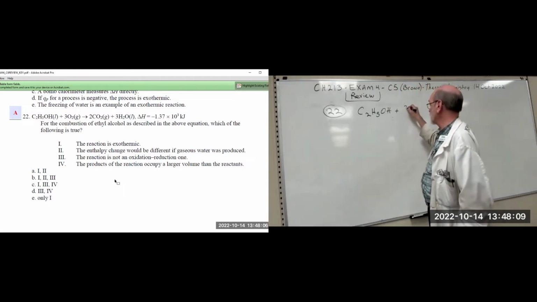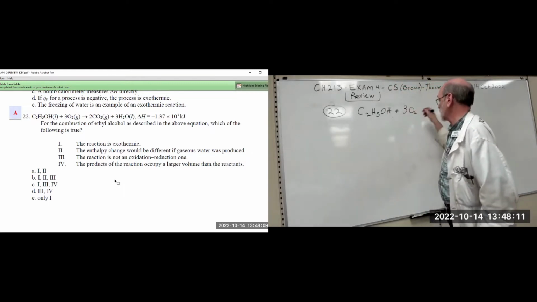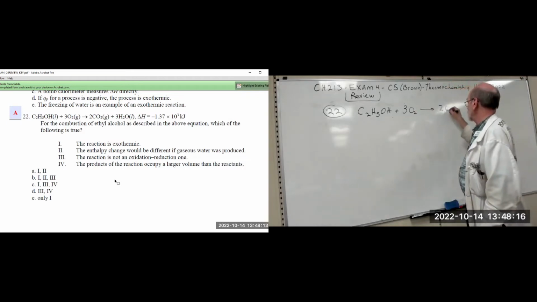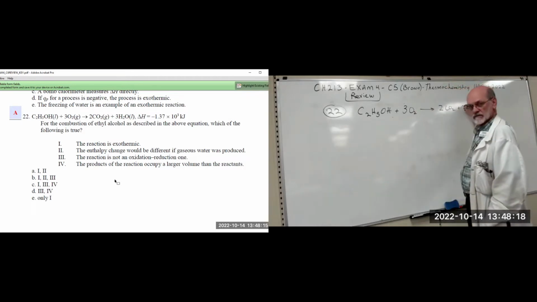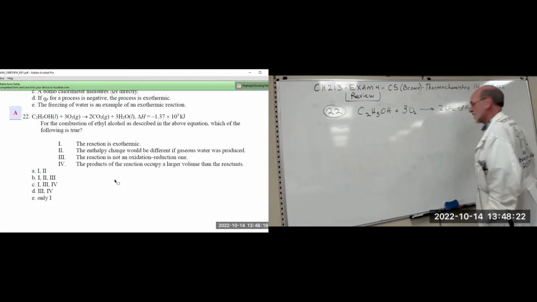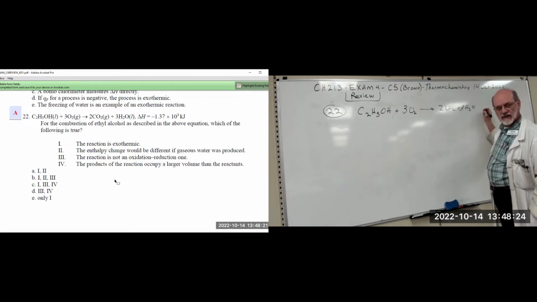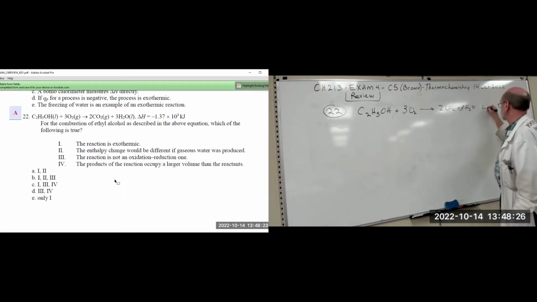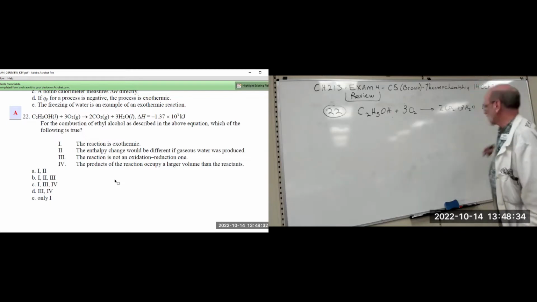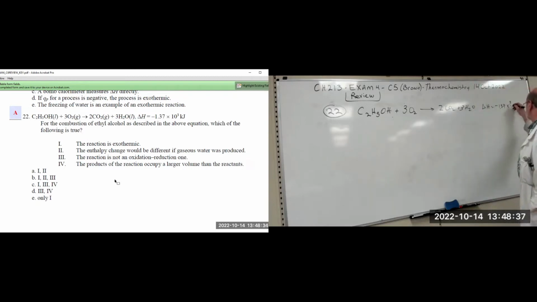And it's a combustion because we're combining it with oxygen, correct? 2 CO2s and 3 waters. And the delta H is minus 1.37 times 10 to the third kilojoules.